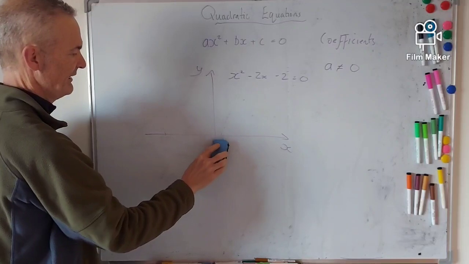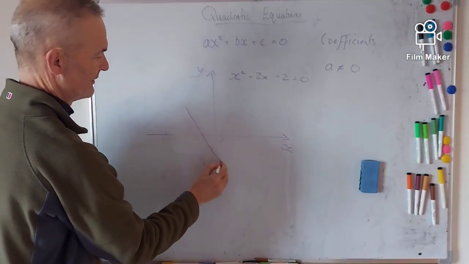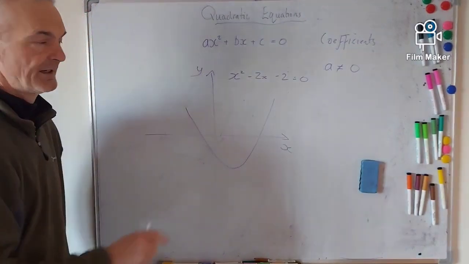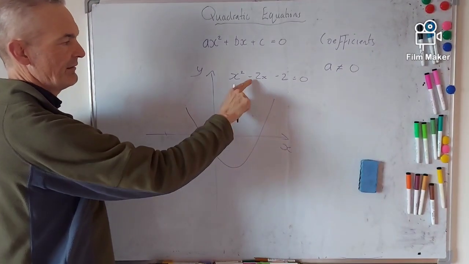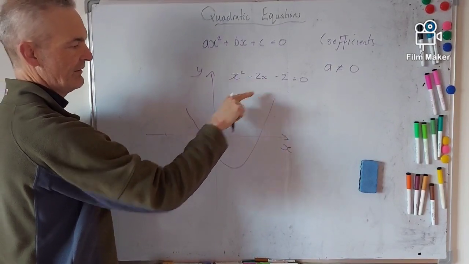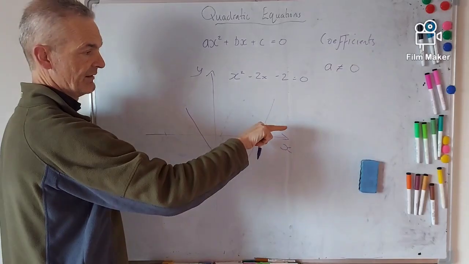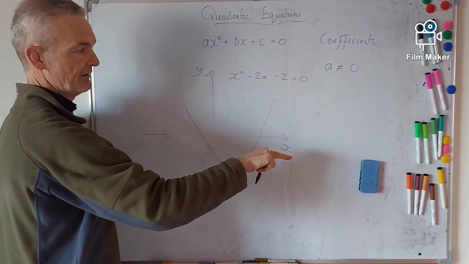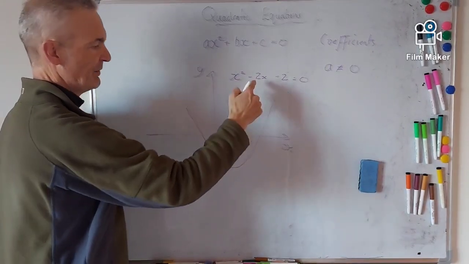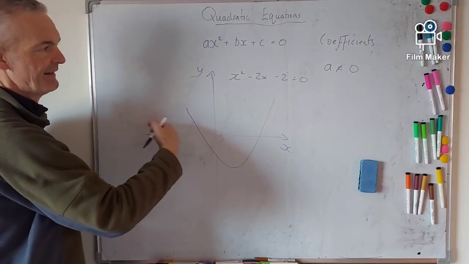If that bit is negative, it will actually shift the curve in that direction. Okay, so this term here, if it's a negative term, it's going to be shifting the curve over into the positive x direction. If it's positive, it's going to be shifting it this way into the negative.